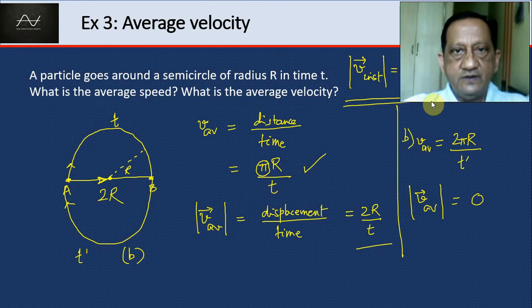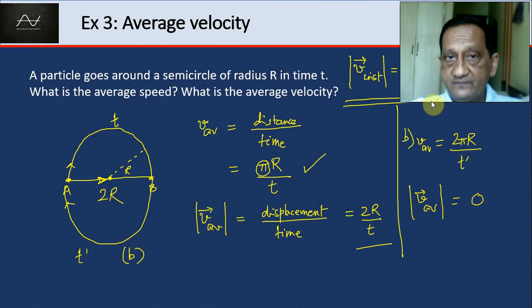Speed versus velocity, as we just saw, the average speed is always greater than or equal to the average velocity. But when you talk of instantaneous values, then the magnitude of the instantaneous velocity is equal to the instantaneous speed. Correct? Make sure that you have internalized these extremely important concepts.